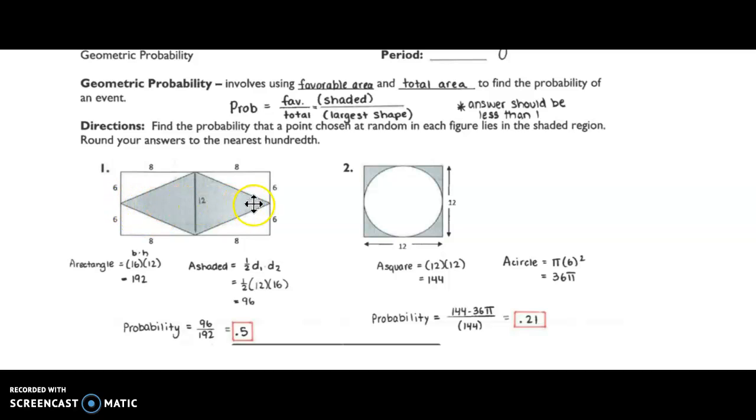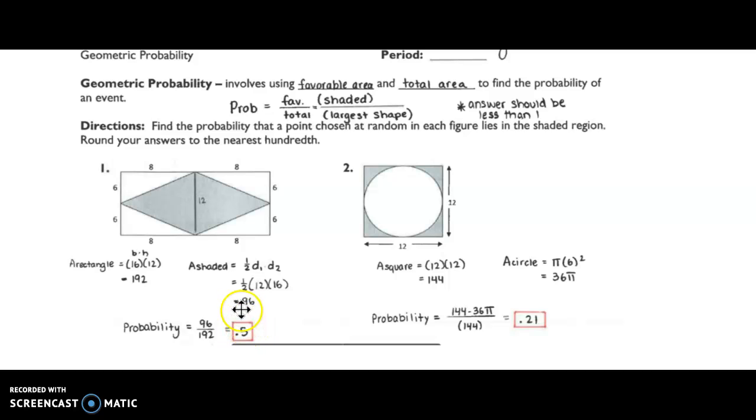Diagonal 2, it's not drawn in, but this length, the diagonal, is the same as this length, so it would be 16. So the overall rectangle is your total rectangle. The shaded region is 96, and so the probability is 96 over 192, and so the probability is 0.5 or 50%.